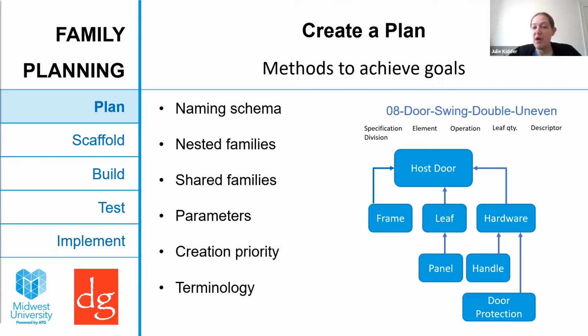What is your creation priority? What is going to be either the first part of a nested family that you need to make the complete whole, or what is going to be most important or useful to your family or to your firm?